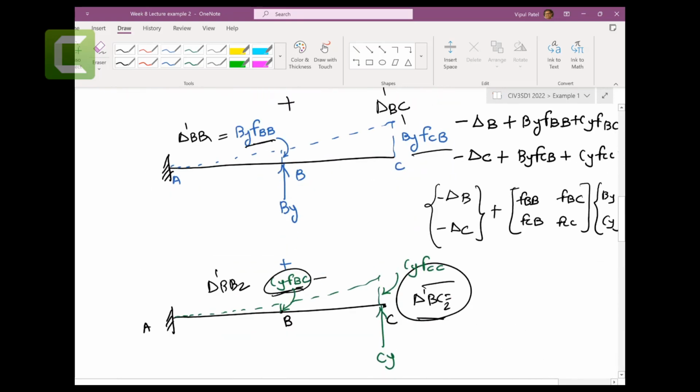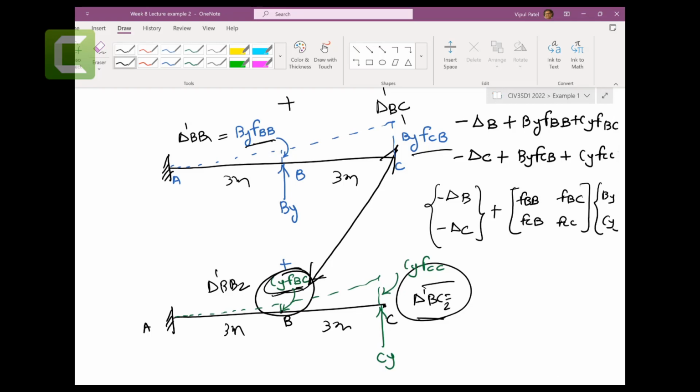When you have a structure like this, with the same distances of 3 meters, 3 meters, 3 meters, 3 meters, and this by and this cy, this value should be equal to this one based on Betti's law, because you can see these displacements here from by and here from cy.